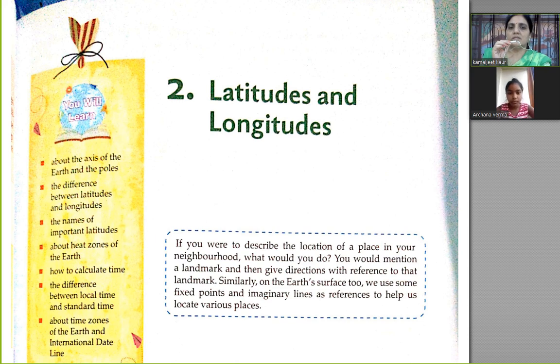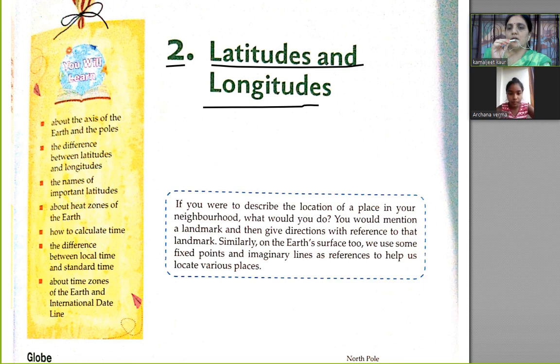Students of class 6. Today we start SST in Geography chapter number 2, Latitudes and Longitudes. In this chapter we are going to learn about the axis of the earth and the poles.